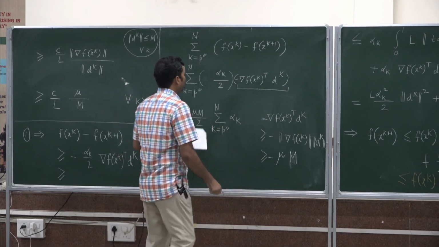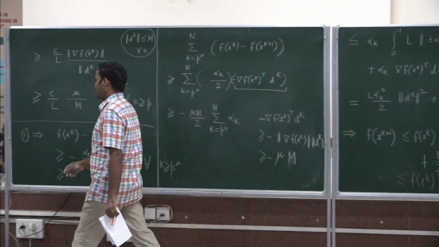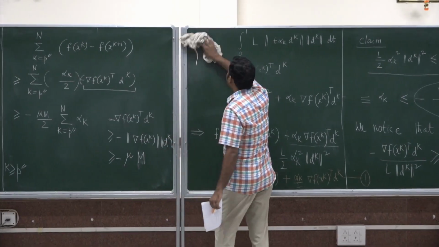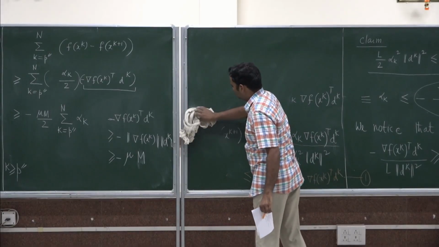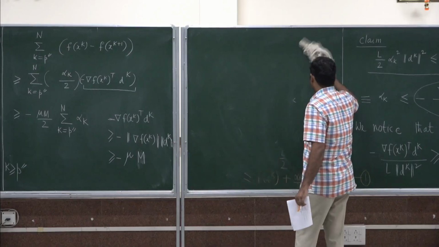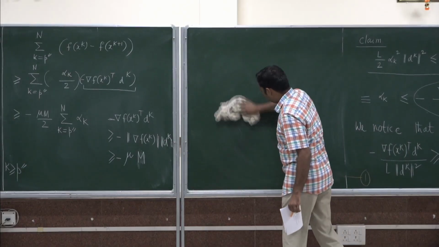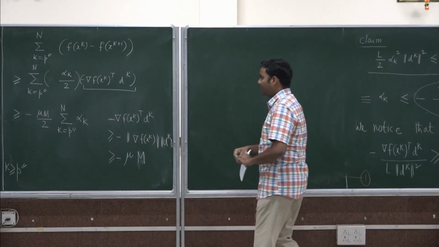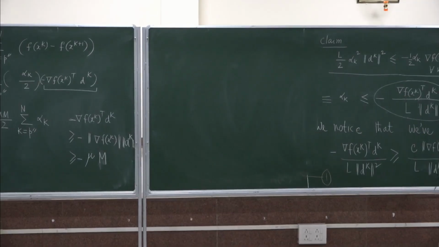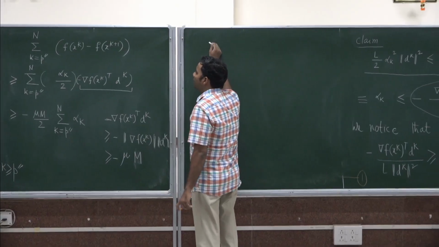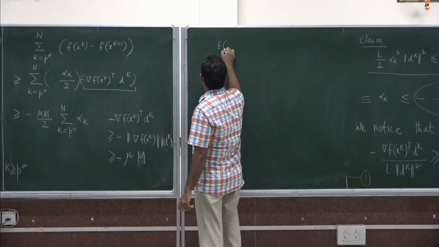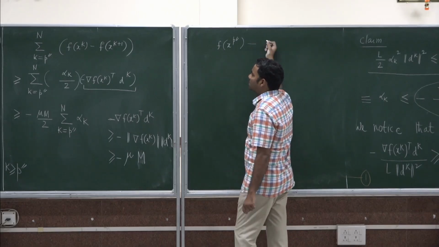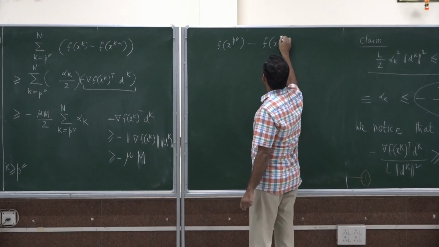And then the telescopic sum will give us f(x P double dash) minus f(x capital N).